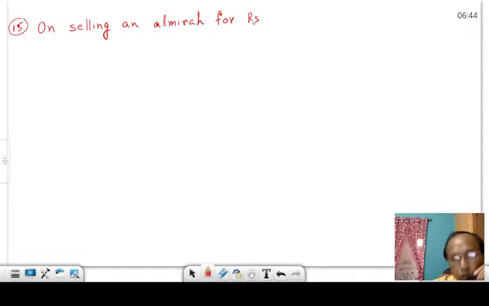Question number 15 is given here as: on selling an almirah for rupees 20,350, a man gained 10%.